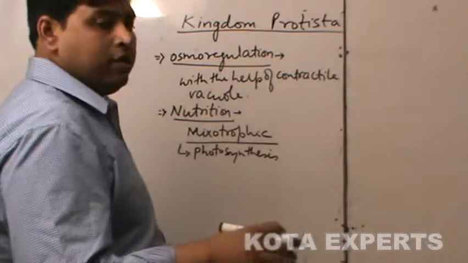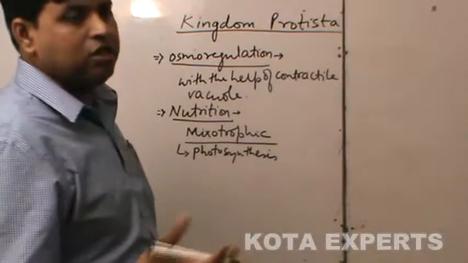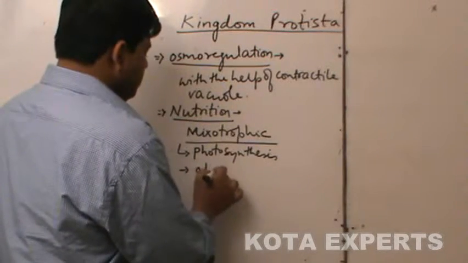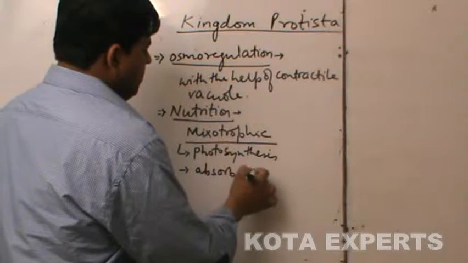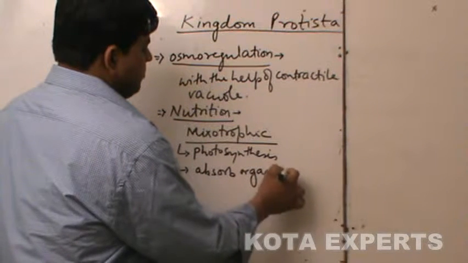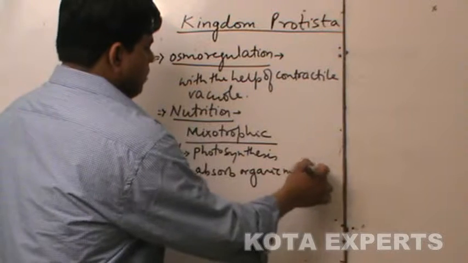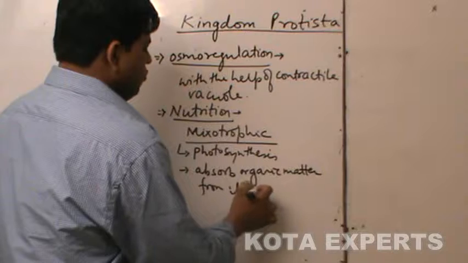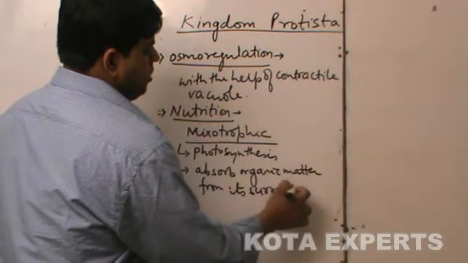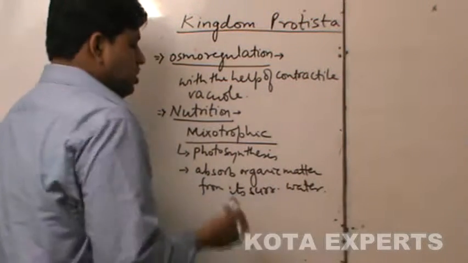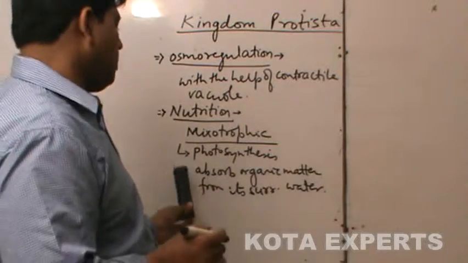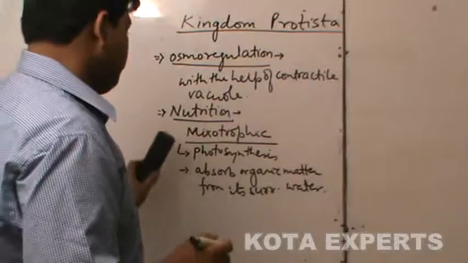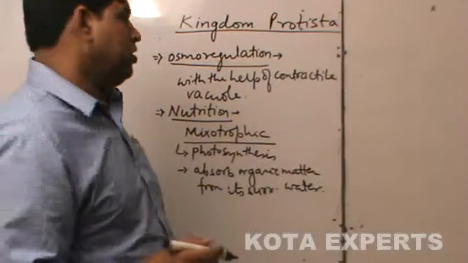But when light is absent, or in the dark, they can absorb organic matter or chemical compounds from the surrounding water. This interesting phenomenon is found in euglenoid type of protistans, mixotrophic nutrition.